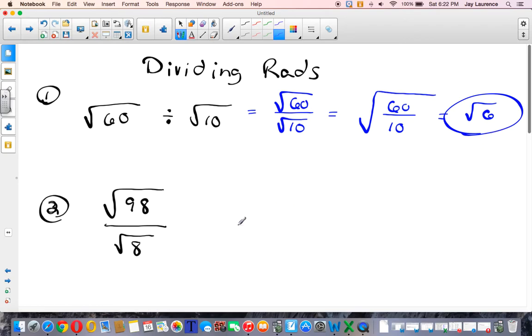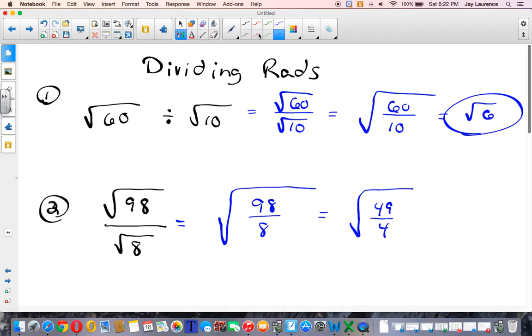So I'm done. All right, well, a rad of 98 over 8, well, let's see here. Let's rewrite that as 98 over 8. And I know that can be simplified. I know a 2 goes into both, so I'm going to get 49 over 4, right?